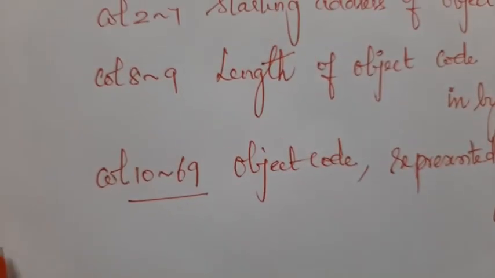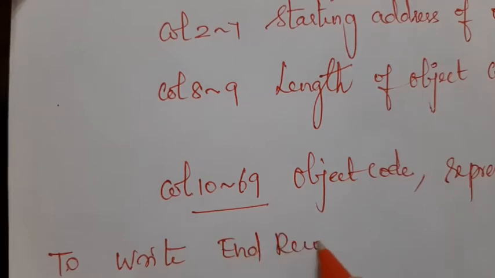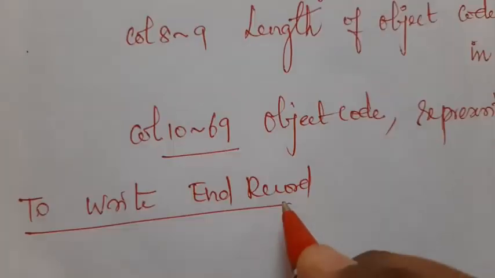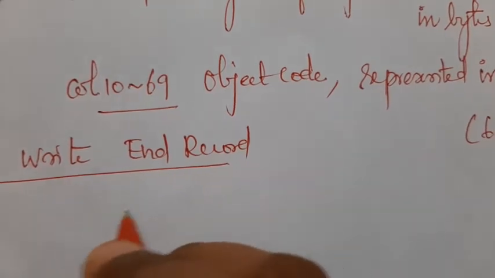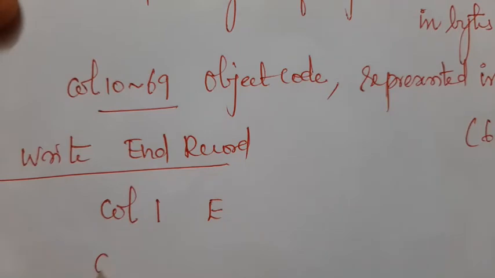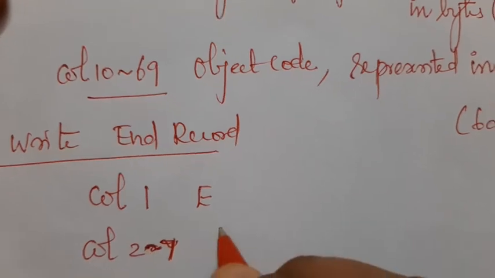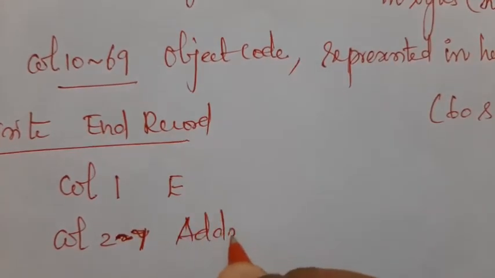And the third one is what? To write the end record. So we have seen 3 records: header record, text record, and end record. In the end record, column 1 should be specified, end record E, column 2 to 7, you have to write what?